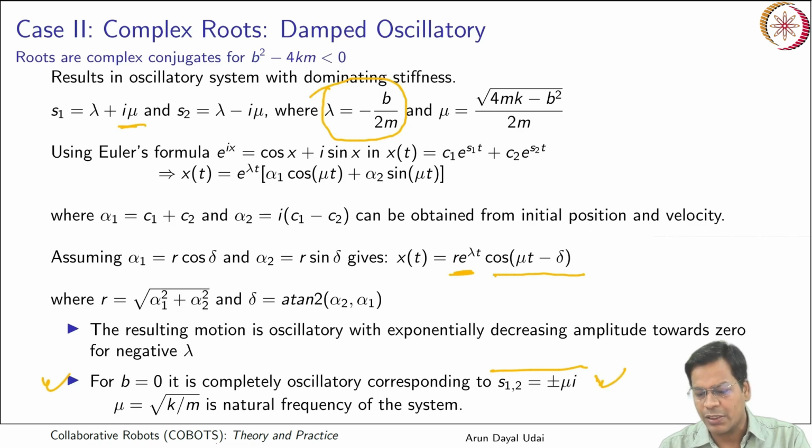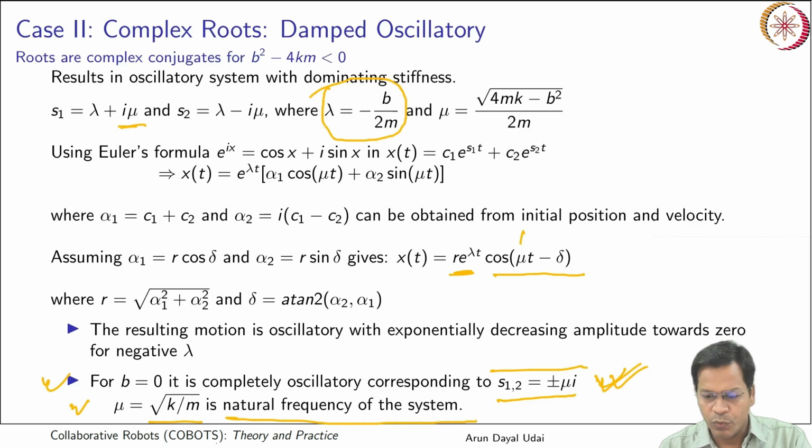It is just pure complex numbers with no real part, so it is imaginary. Both the roots are imaginary and they are conjugates. They lie exactly on the imaginary axis, and mu is given by the square root of k by m, which is basically the natural frequency of the system.